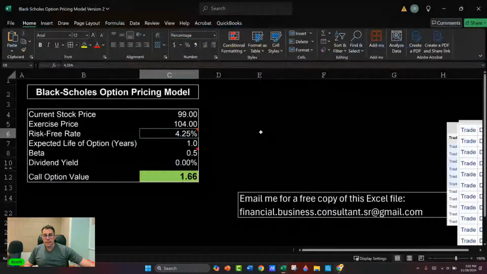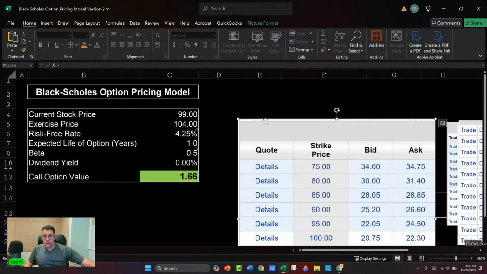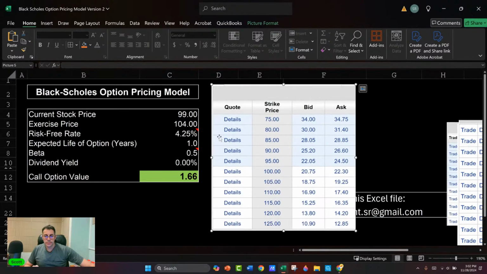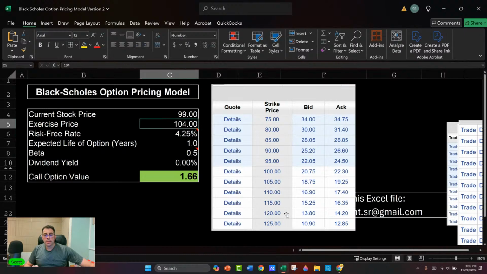Okay, here's the December 2025 options. So we'll do the 125. Expected life is 1 year, beta is 0.5.